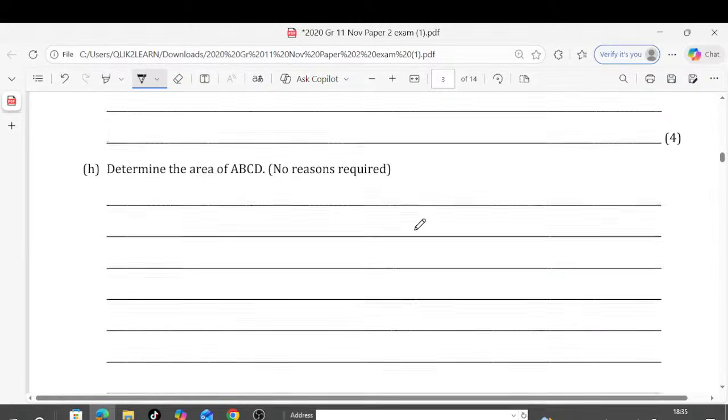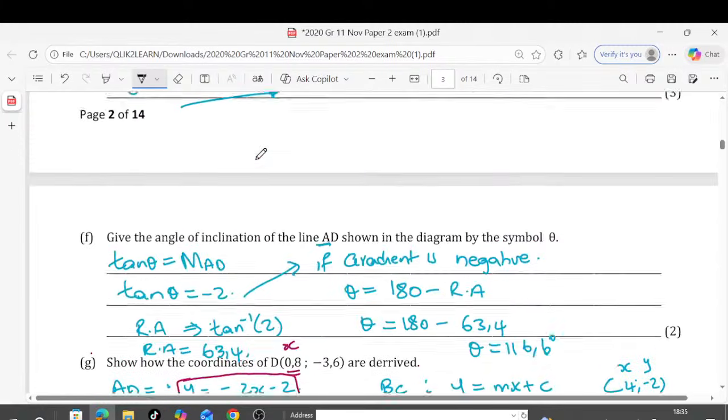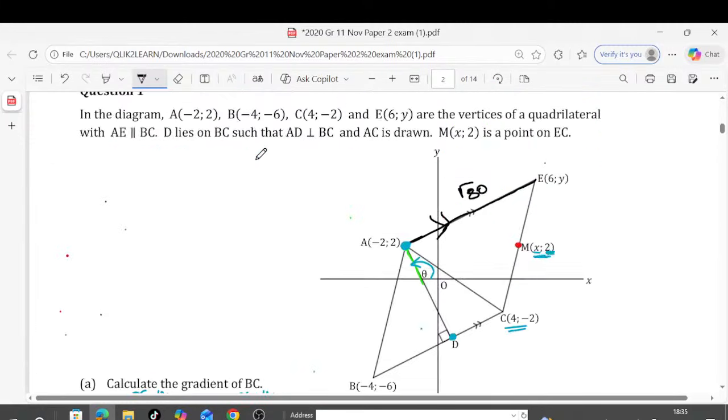Let's see what we have on the next one. Determine the area of ABCD. No reasons required. They want us to find the area of ABCD. Look at this, I have ABCD.